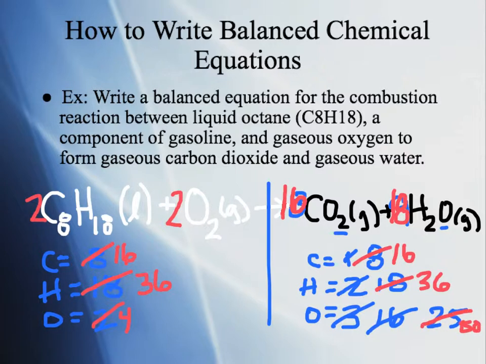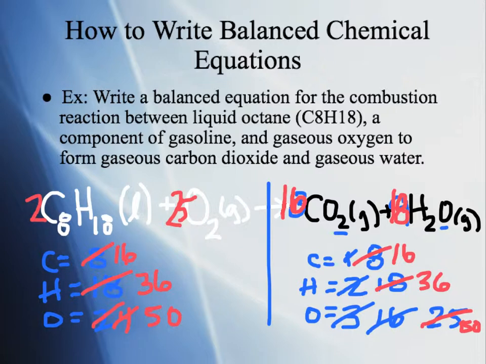Then we have 50 oxygens on the right and 4 oxygens on the left. What times 2 equals 50? That would be 25. So if we change this from a 2 to a 25 out front, now we've got 50 oxygens on the left to balance out, and now we're good.